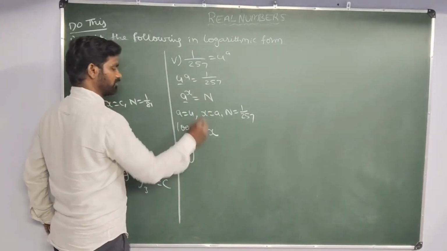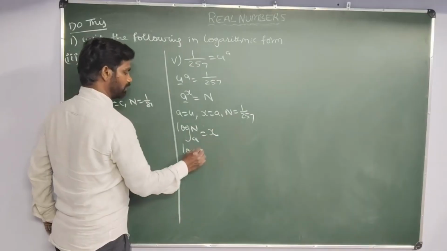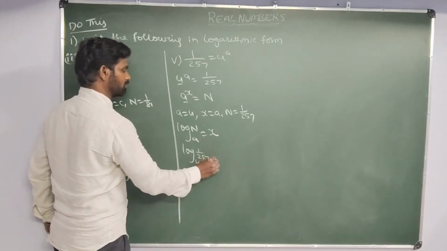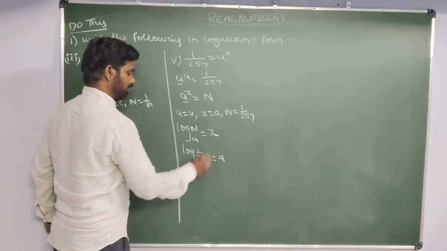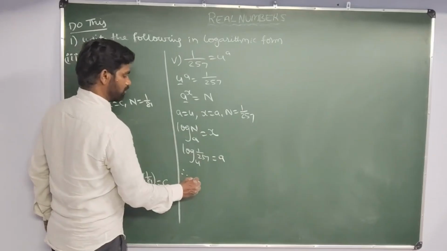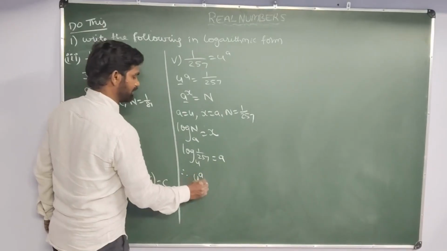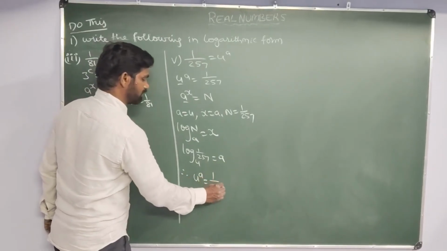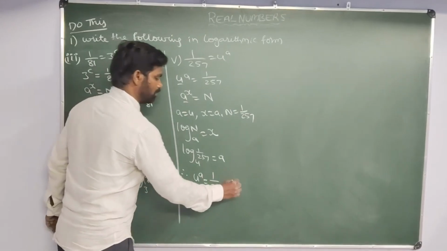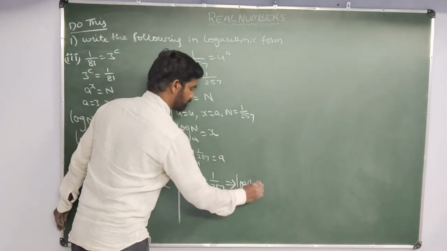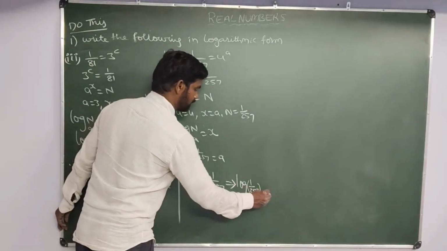Log n, what is the n value? 1 by 257, and base a, it is 4, is equal to x, which is a. Therefore, we can say that 4 power a is equal to 1 by 257 implies log 1 by 257 base 4 is equal to a.